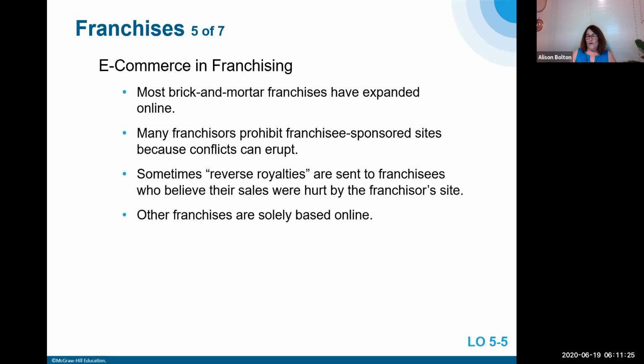So there's no more, well, that salesperson went out and took care of this and they should get the credit for it. And that's where there are a lot of difficulties on who's getting to make the money. The employees or the franchisees aren't getting to make the money that they used to make, where the franchisors are making the money. So there's a conflict there that probably has to be resolved more so now, especially with us being in the pandemic.